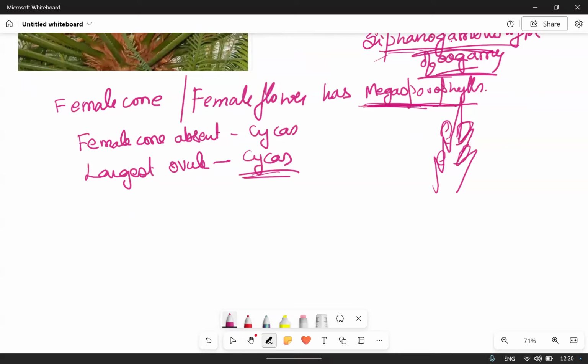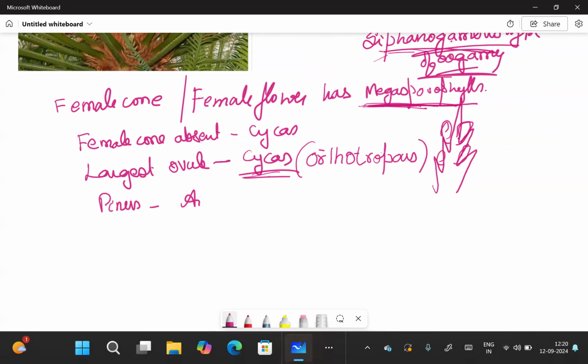Cycas, orthotropous. What is the meaning of orthotropous? What is the position of micropyle, chalaza, and funicle? All are in the same straight line. Orthotropous ovule in cycas, and in pinus, anatropous ovule.